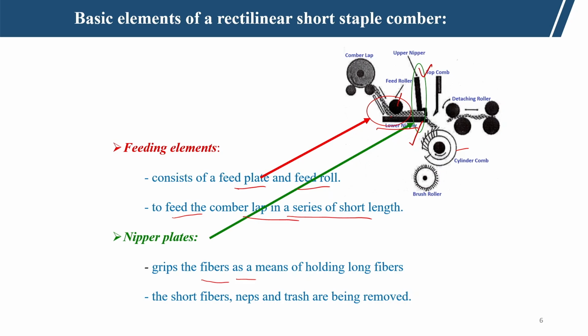So, it helps in combing. To comb the fiber, one end has to be gripped, and the gripping action is done by the nipper plate. The short fibers, neps and trash are being removed.